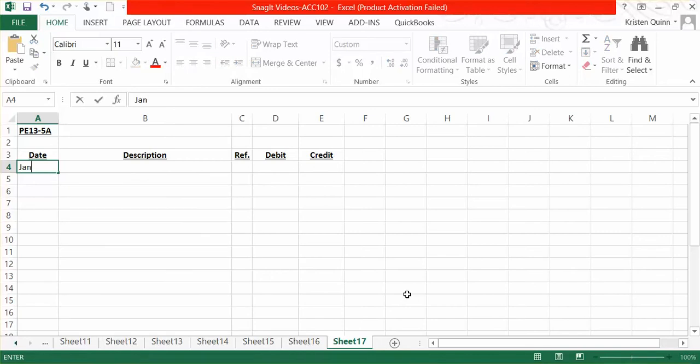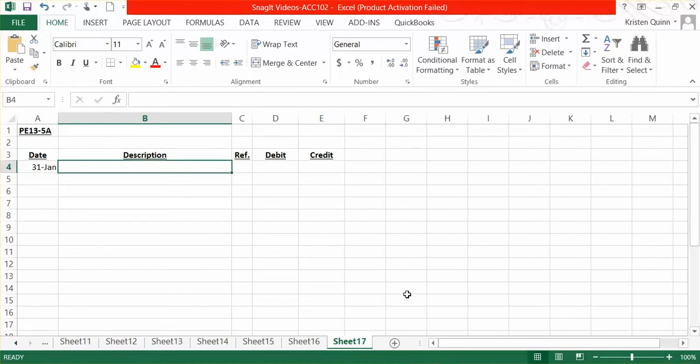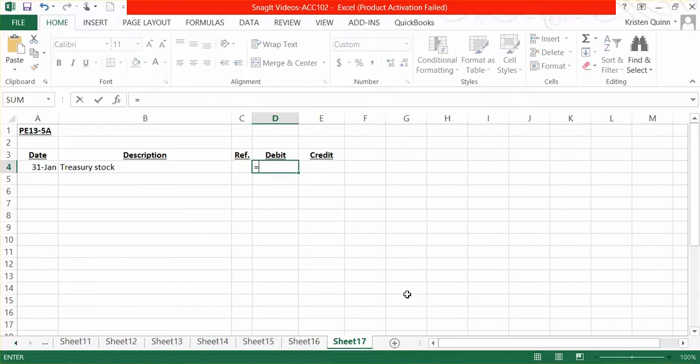So on January 31st, we are reacquiring our shares. When we reacquire the shares, we just record it at what we as the company reacquired them for. And we debit our treasury stock for how many shares we bought, which again was the 22,500, and we multiply it by how much it cost us to reacquire those shares.